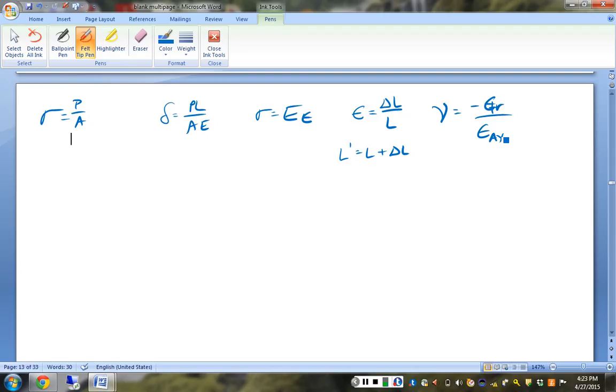So what kind of stresses do we get under axial loading? We get normal stresses. All right. In the most general shear case, how do I get an average shear stress?